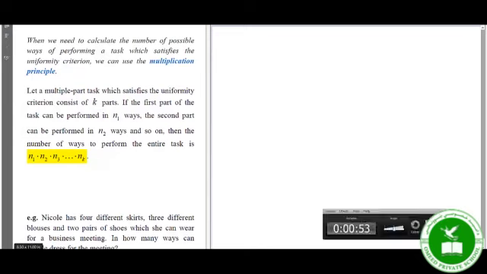In this case, the total number of ways that we can perform our task is n1 times n2 times n3 and so on up to nk. It means we multiply the number of ways we can do each part of the problem, and we will find the total number of ways we can do the task.